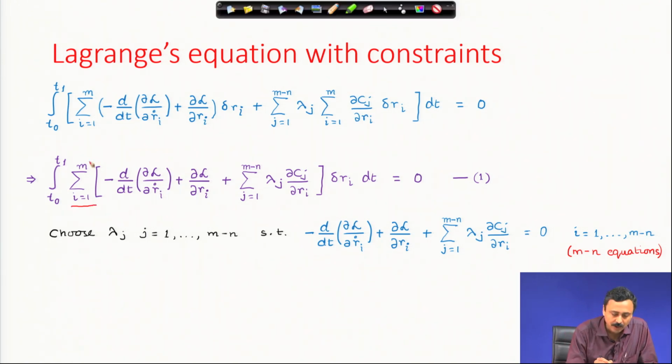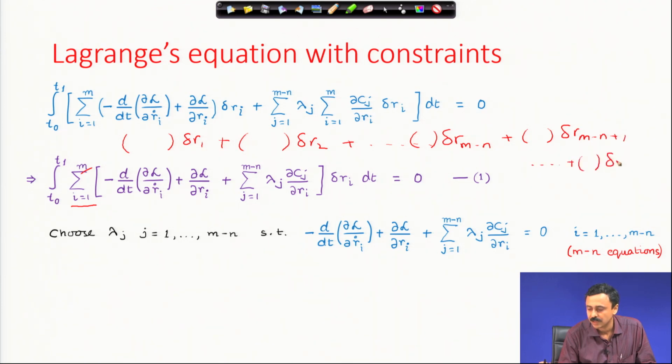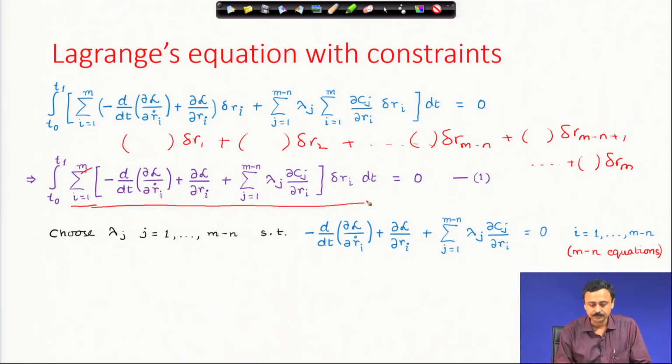Here the summation is from I equal to 1 to m. In other words, something times delta R 1 plus something times delta R 2 and so on, something times delta R m minus n plus something times delta R m minus n plus 1 and so on, something times delta R m. This is the complete summation, going from I equal to 1 to m.